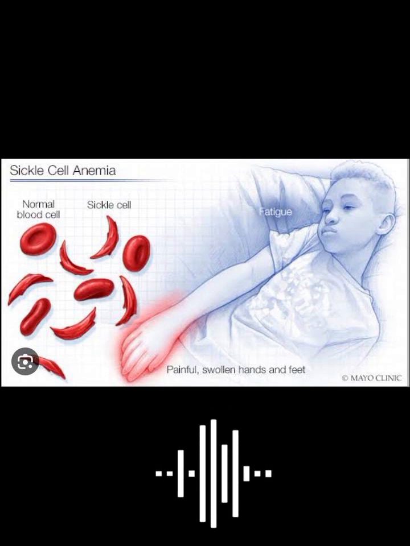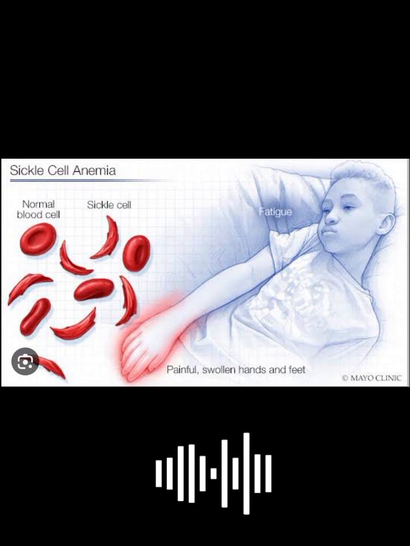When both parents have sickle cell trait, each of the children has a 1 in 4, that is a 25% chance, of being born with sickle cell anemia, a 1 in 2, that is a 50% chance, of being born with sickle cell trait, and a 1 in 4, which is a 25% chance, of having normal hemoglobin.